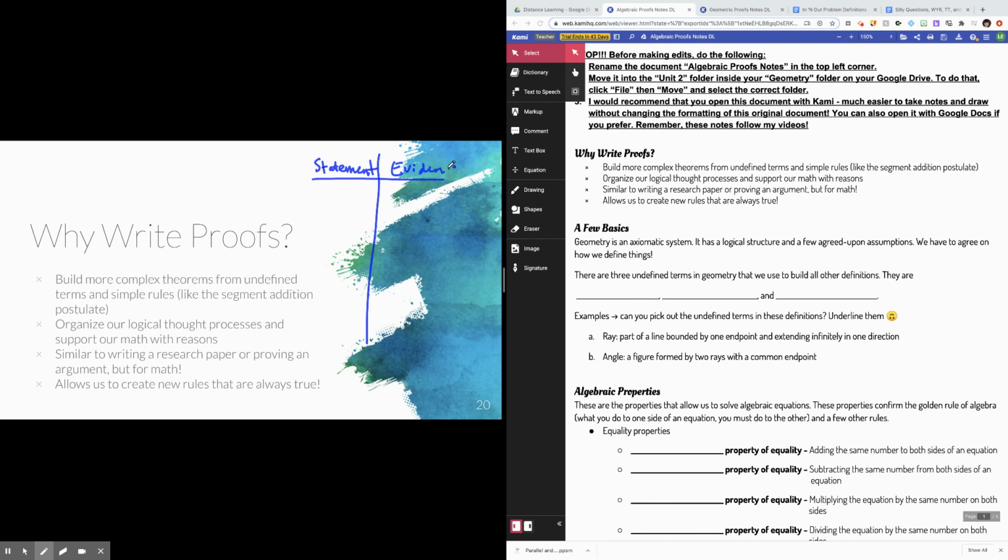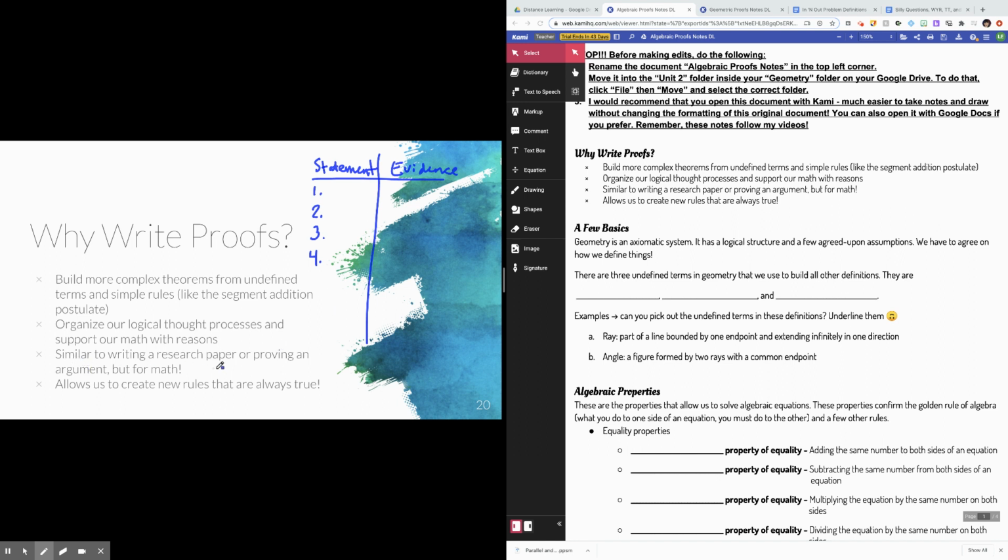And you would have to support it with quotes from the text or with data from an experiment or something like that. It's exactly the same thing in geometry, and it just allows us to organize our problem solving and our logical thought processes in an order, and actually write them in order from one to however many steps that you need.